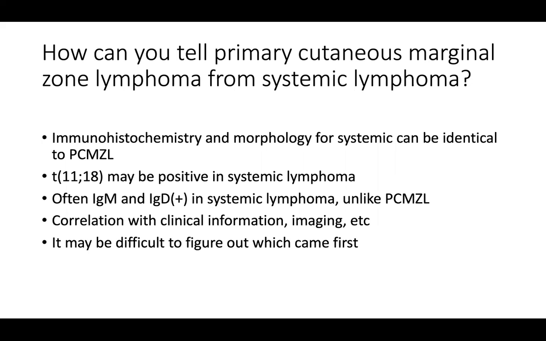Often, systemic lymphoma has IgM and IgD positivity, unlike primary cutaneous marginal zone lymphoma. You're going to have to correlate with the clinical information, the physical exam, the imaging to make sure that there is no systemic involvement. And if you do have both cutaneous and systemic involvement, it may be difficult in reality to ever figure out which came first. And we just have to be able to admit that sometimes we're not sure.